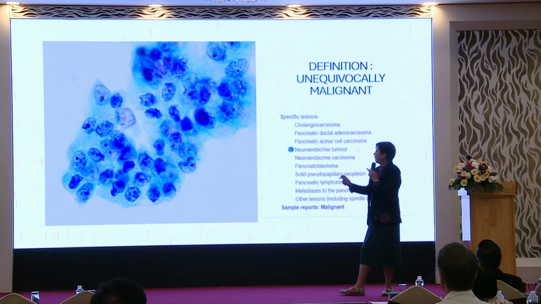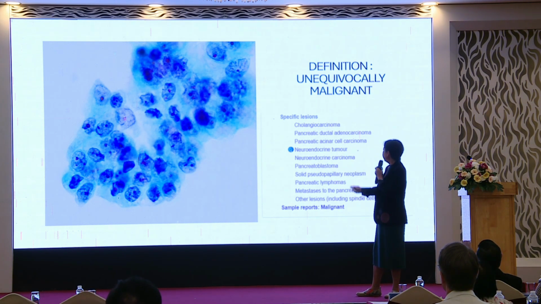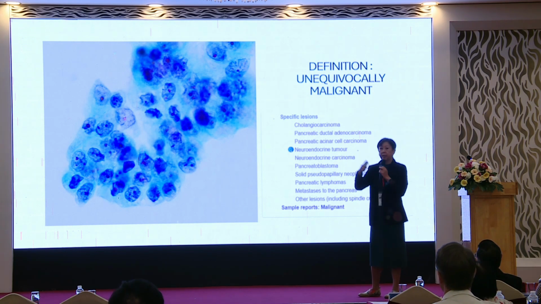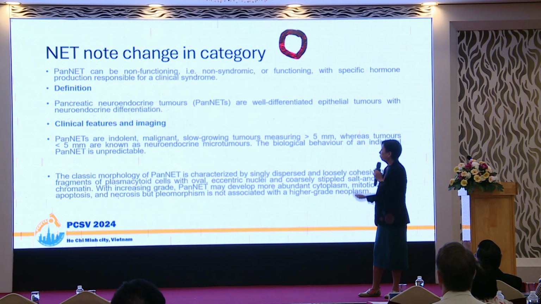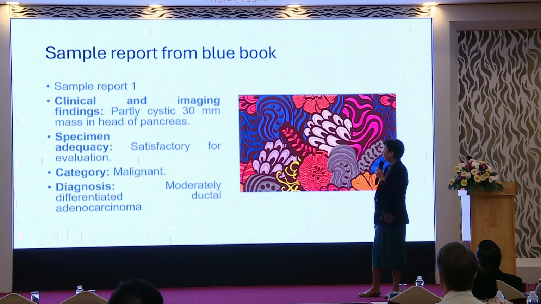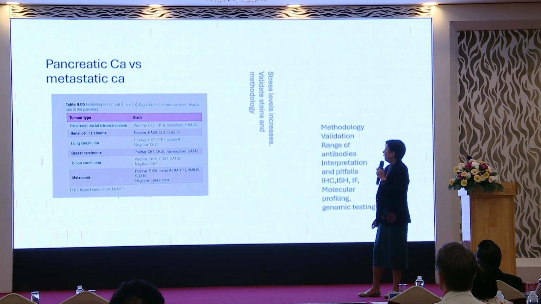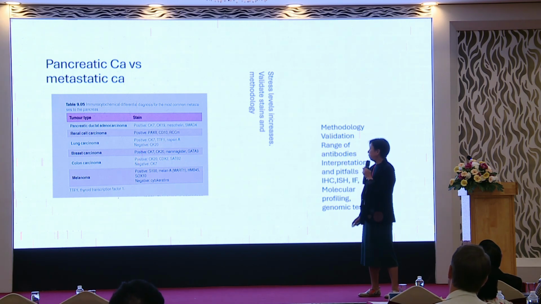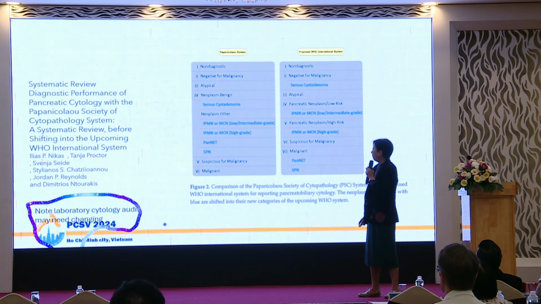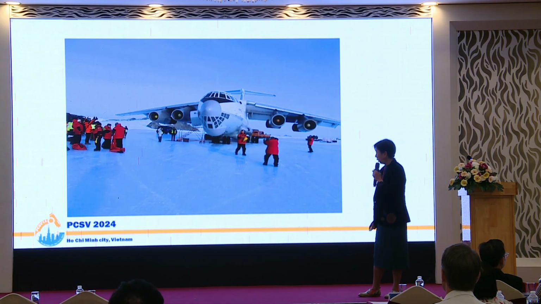And again, just to be sure that we know that the neuroendocrine tumor has crossed the border. Be careful of metastatic carcinoma. Again, if you're not sure, do your ancillary testing. And the laboratory and cytology audits may need changing.